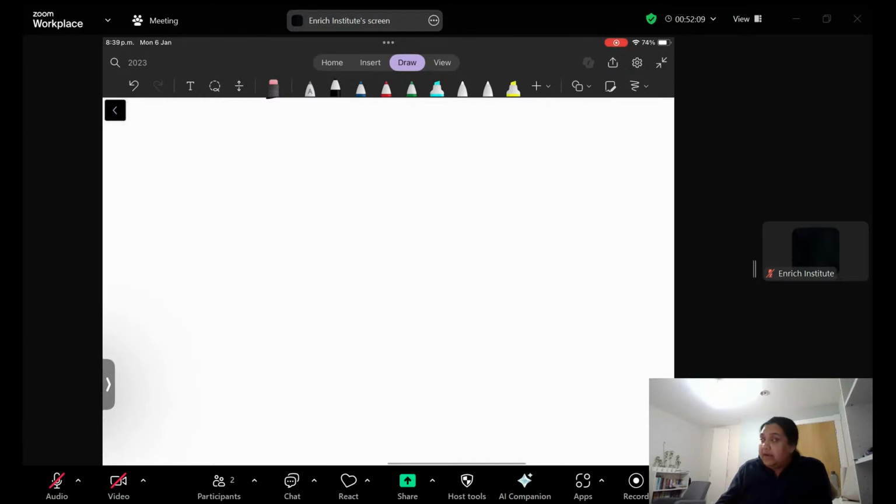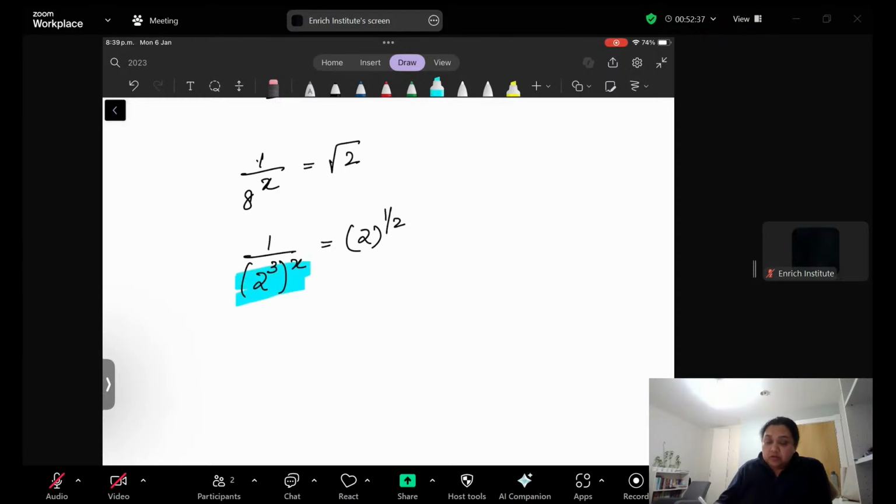Suppose I'm getting a question like 1 by 8 to the power of x is equal to square root of 2. Now I should make the base the same here. So I will write 1 by 8 as 1 by 2 to the power of 3, all to the power of x, which is equal to square root of 2, which can be written as 2 to the power of 1 over 2. Then I bring this one to the top, so it will become 2 to the power of minus 3x.